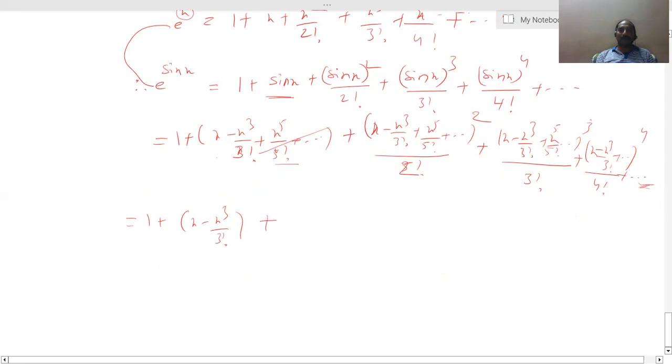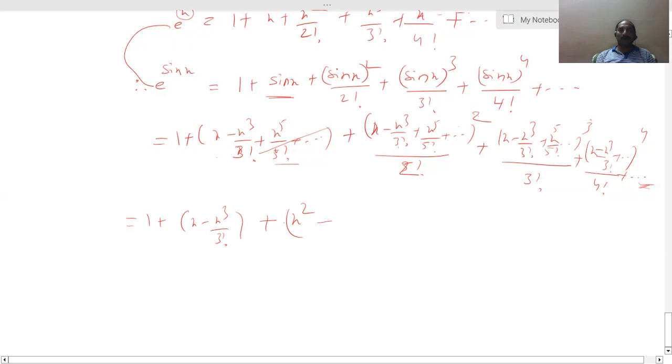In the second term, we apply the a plus b plus c formula: a square, b square, c square. b square means x cube whole square, which is x power 6. It is more than 4. No need to take the b square, c square values.